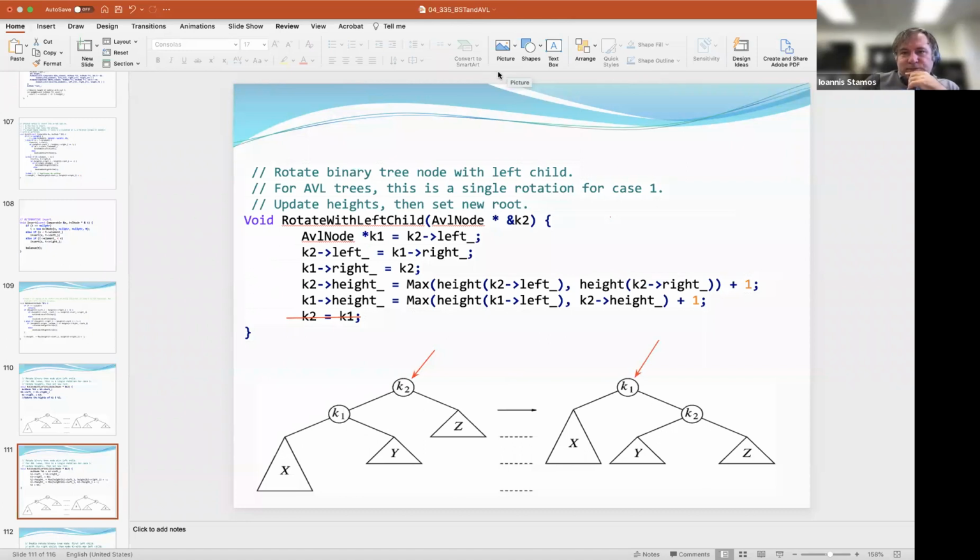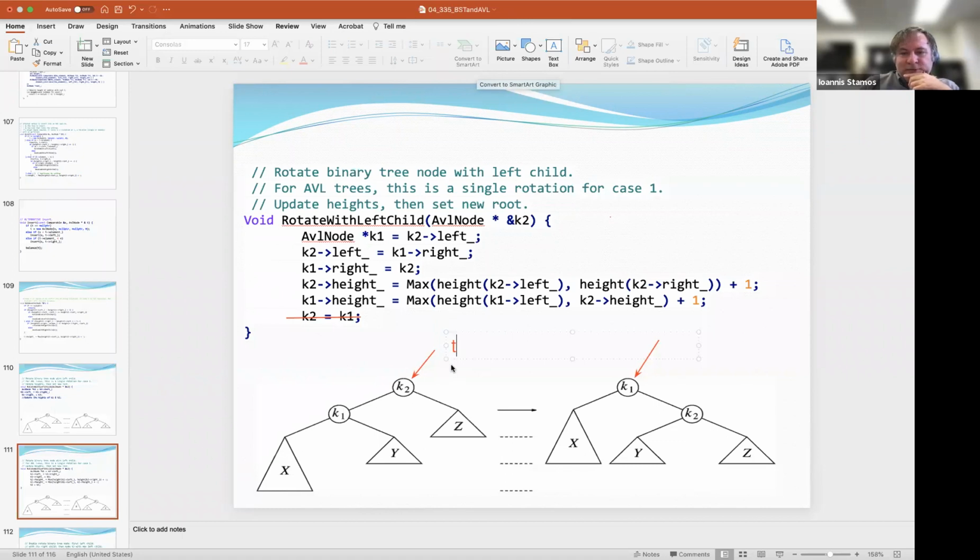This is the interesting thing here: we have the ampersand, so K2 is passed by reference. So basically, you change it. If you had a node T, what is K2?